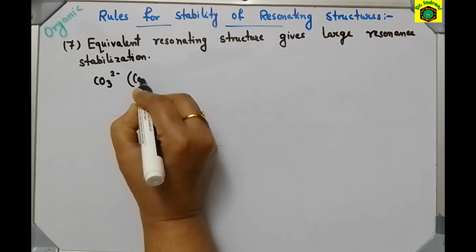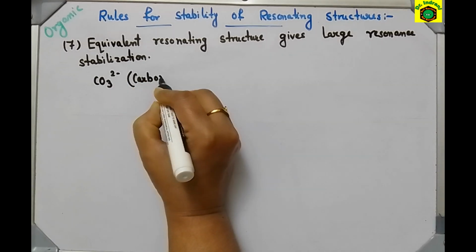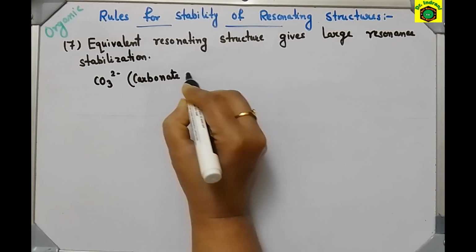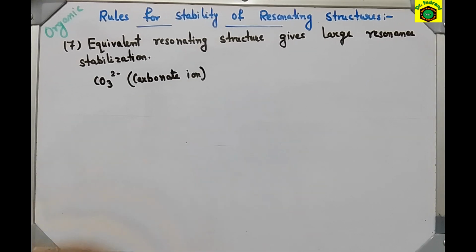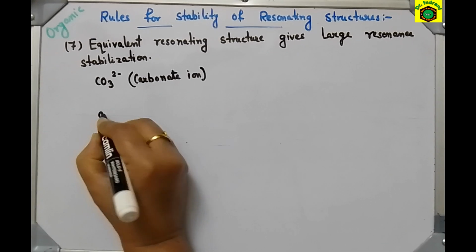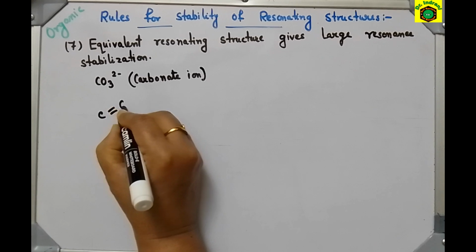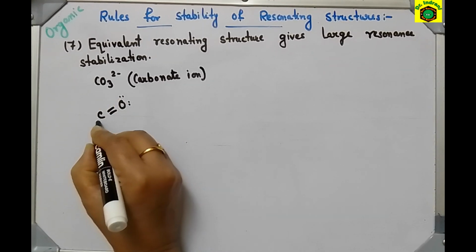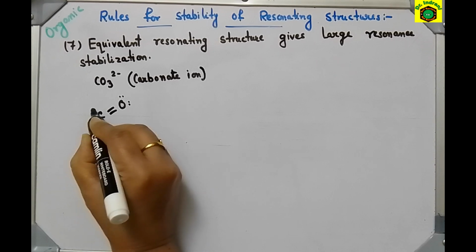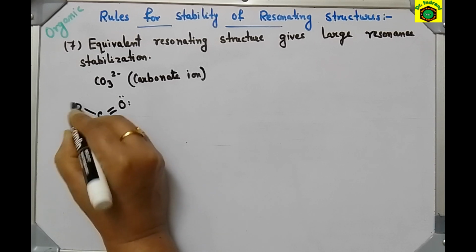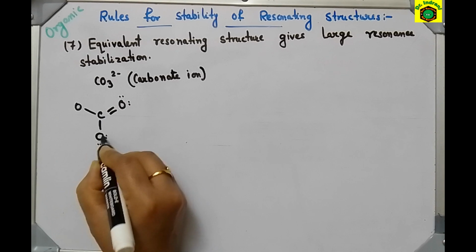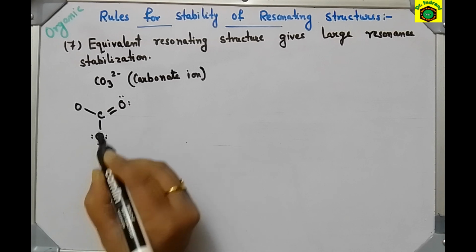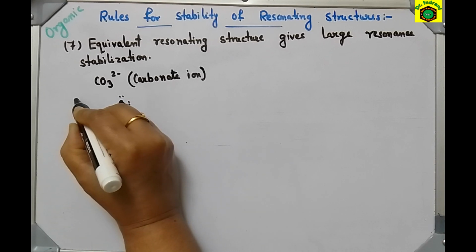This is carbonate. We will draw resonating structure of carbonate ion. Carbon is bonded with one oxygen with one double bond, and carbon is bonded with two oxygen atoms, and these are having one negative charge.